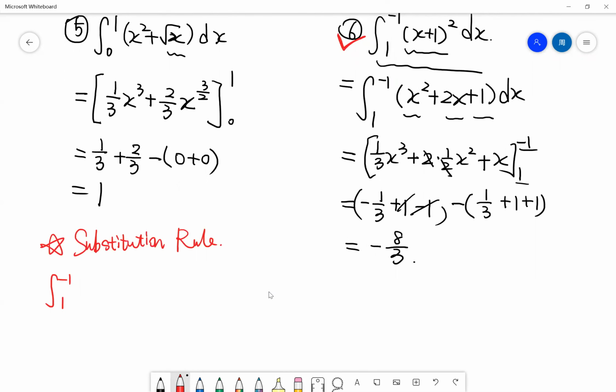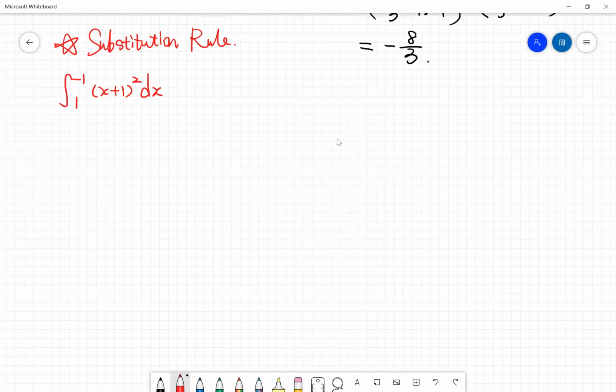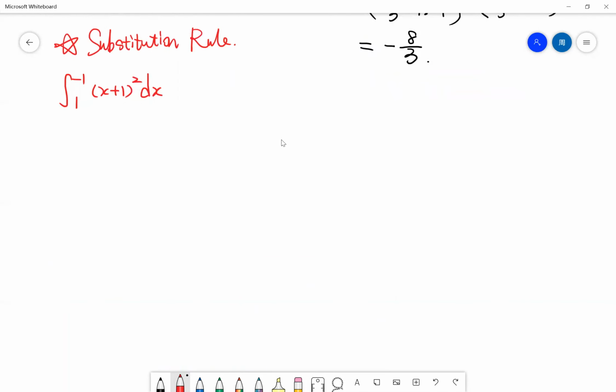From 1 to -1, (x+1)^2 dx. Remember when we learned the substitution rule in calculating indefinite integrals, we should first let a part be u.